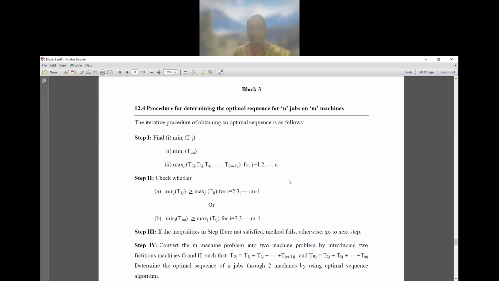These are the conditions. So, if any of these conditions are satisfied, we move on to the next step.